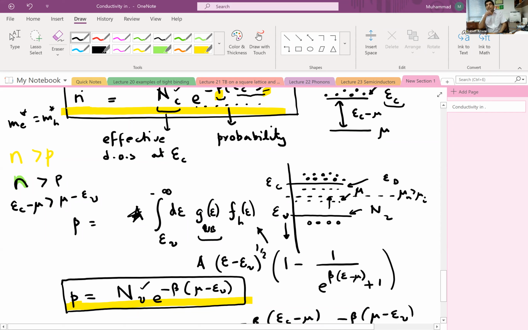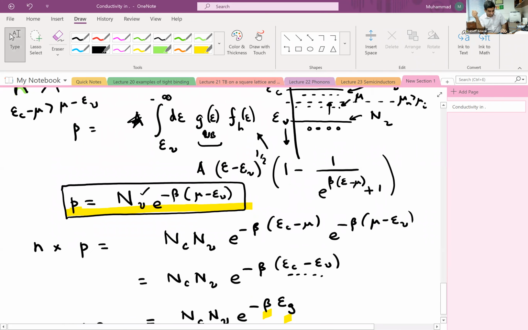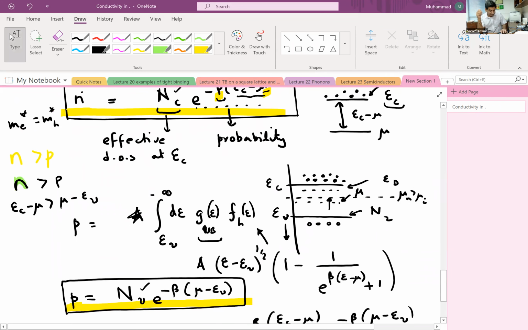So one practical utility of the chemical potential is that it determines whether you have an n-type or p-type material, what kind of doping exists. The relationships for n and p are valid for extrinsic as well as intrinsic semiconductors, only the chemical potential has to be put in correctly.